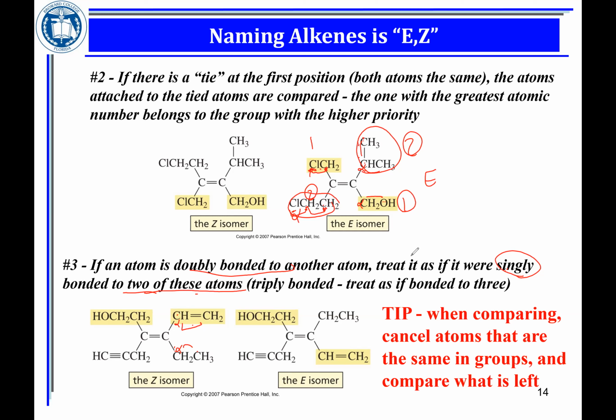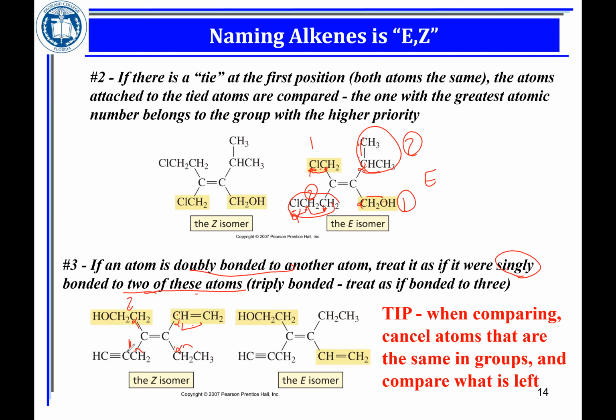But if it's bonded to another carbon or to an oxygen, which takes priority? I would say oxygen. That's why between these two, this would be 1 and that would be 2. Based on the first CH2 you cannot decide.